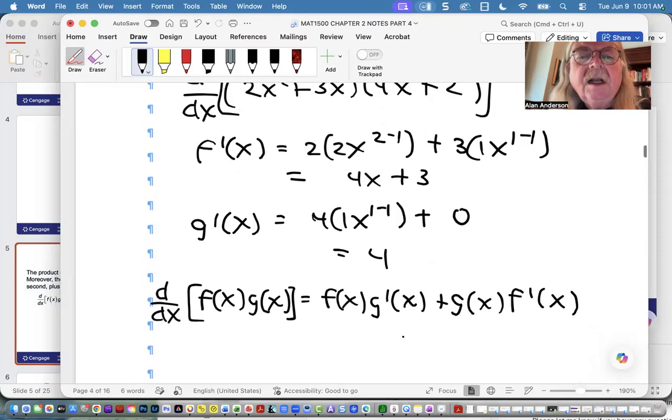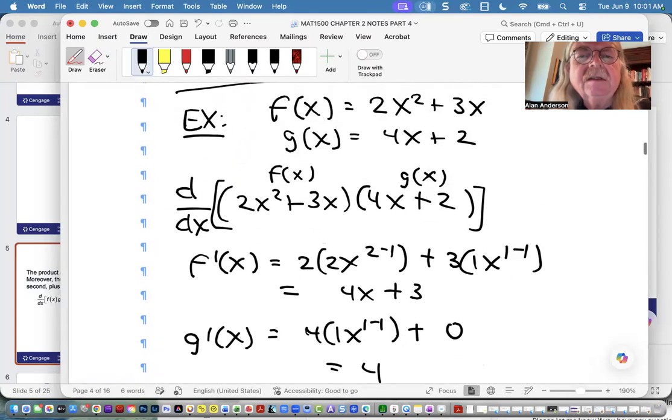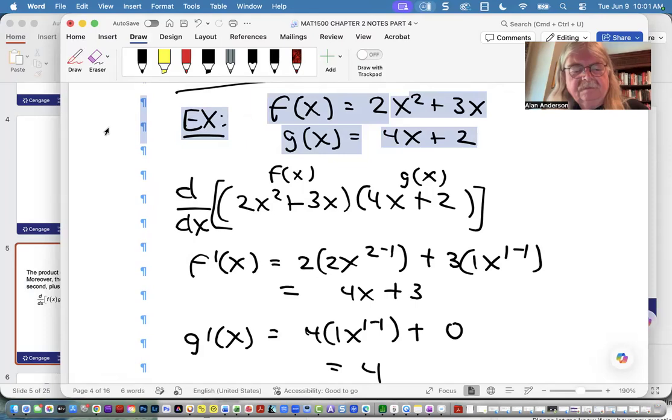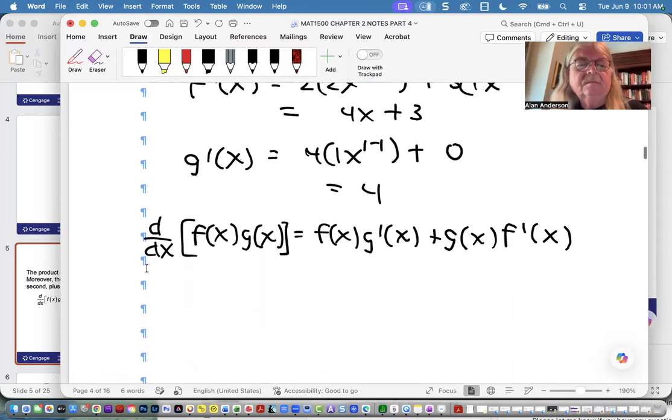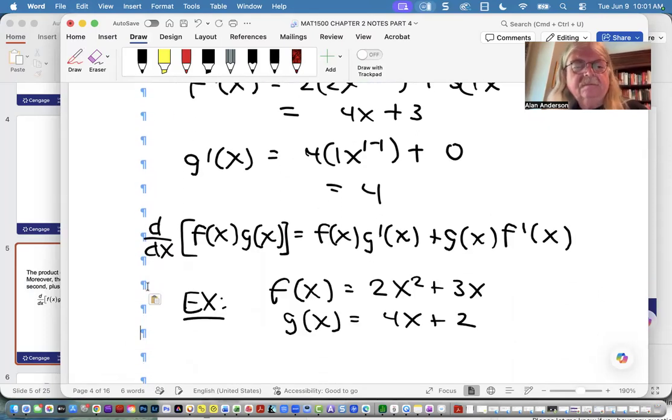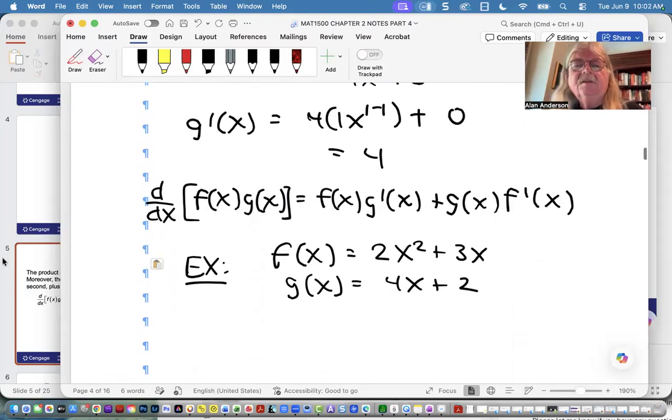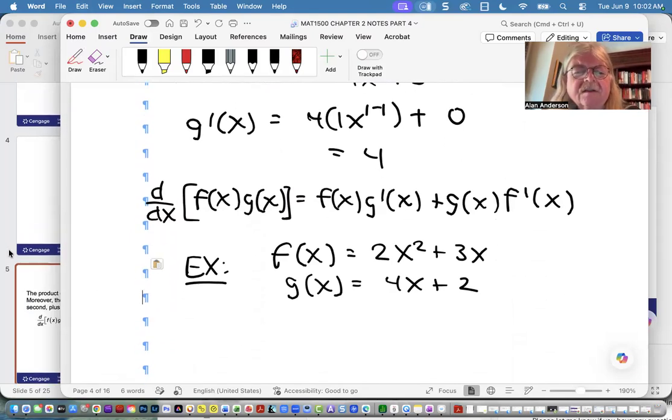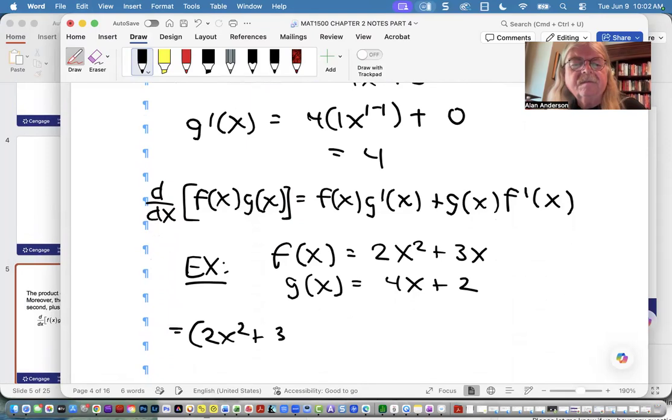Okay. Now, it's way up here, so let me copy these again. So, all right. So we should be able to see everything we need. So we're going to have f of x is 2x squared plus 3x. G prime of x, as we just showed, is 4. And then we need the g of x.